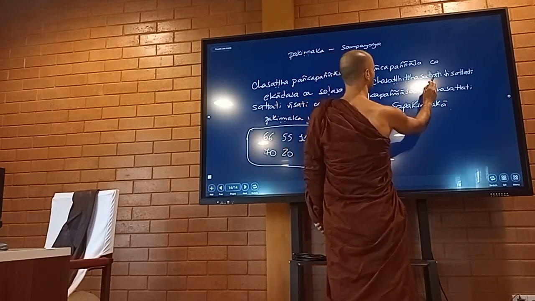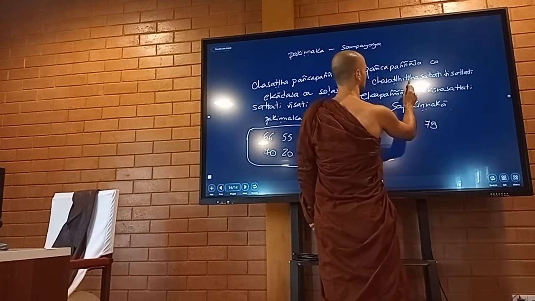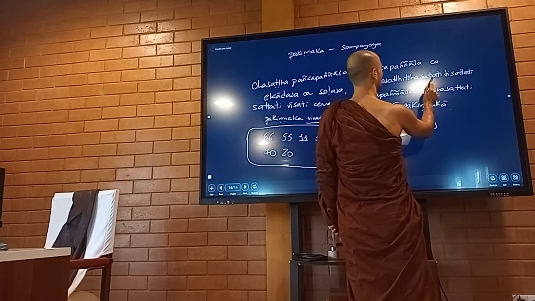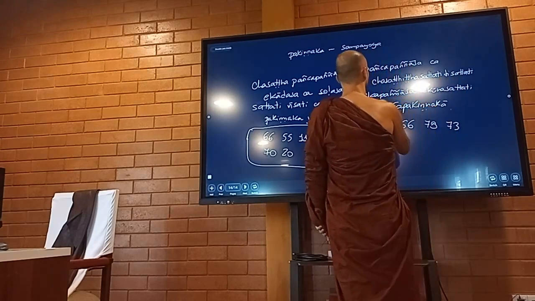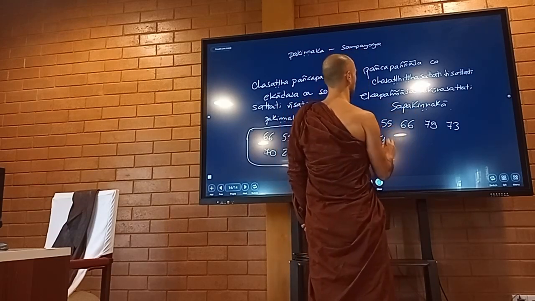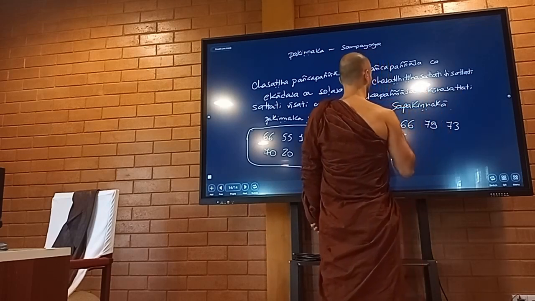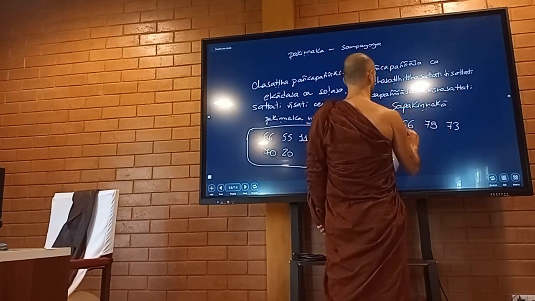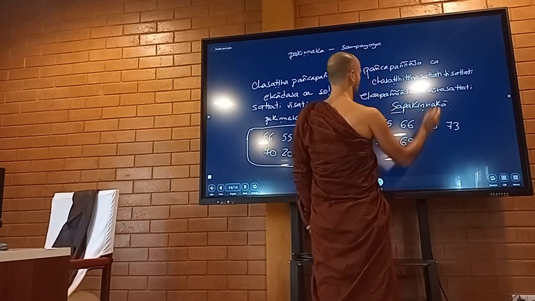Now, Atta Sattati 78, Tisattati 73, Ekapanyasa 51, Ekuna Sattati 69. Sapakinaka, with pakinaka.